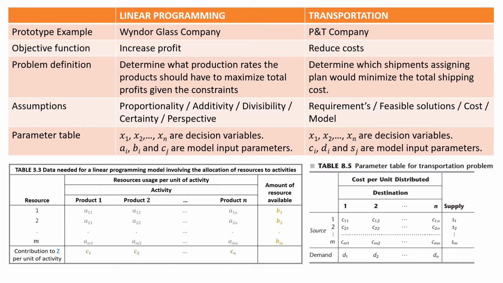If we compare the Wyndor Glass company and the P&T company, Wyndor Glass is a linear programming case, while P&T is a transportation case. The objective function for Wyndor Glass is to increase profit, while in P&T, what we're looking for is to reduce cost. So here, we ask Solver to maximize, while here, we're going to ask it to minimize.